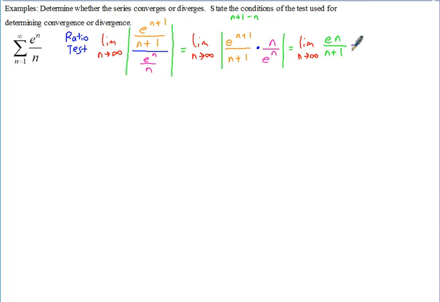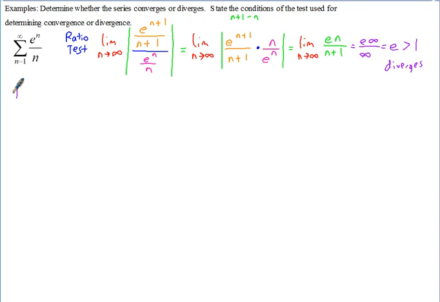So e to infinity over infinity, which equals e, and that's greater than 1, so this diverges by the root test. Sorry, by the ratio test.